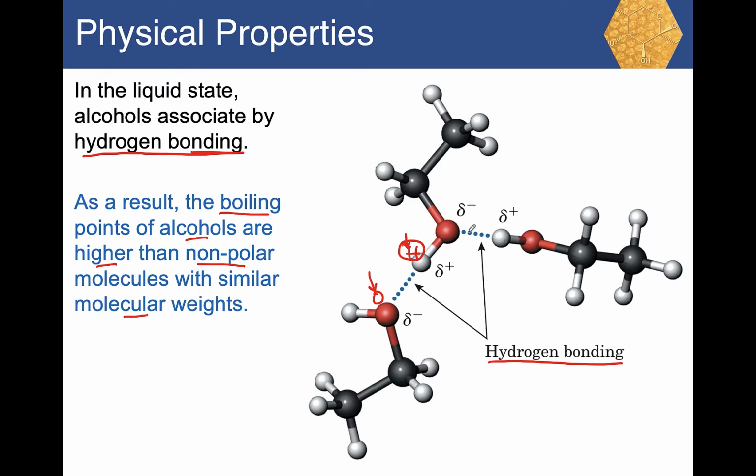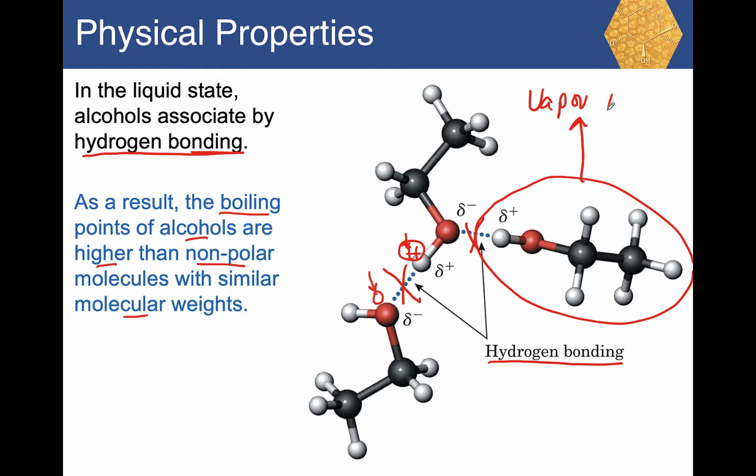So to have this liquid boil, you'd have to supply enough energy to break these hydrogen bonds so that the individual molecule can escape into the vapor phase. That requires energy.